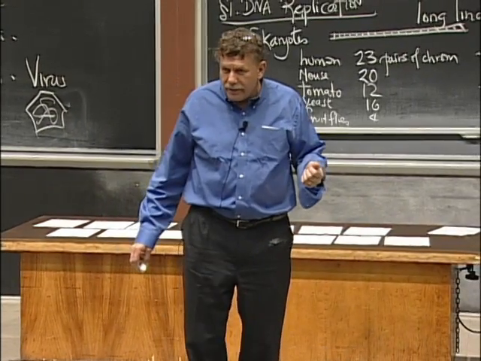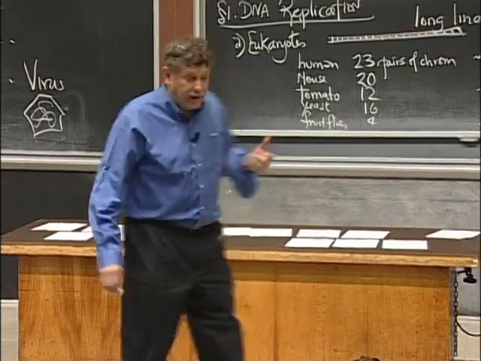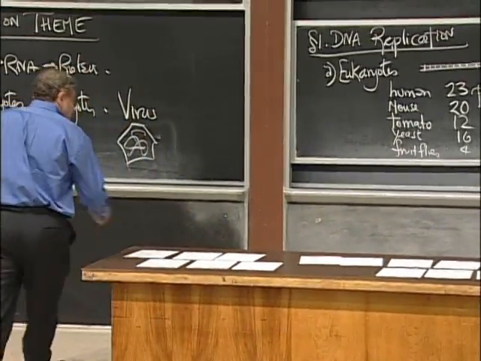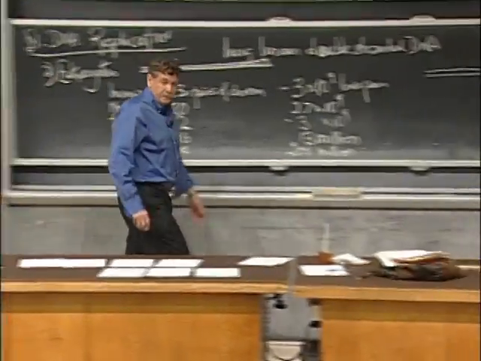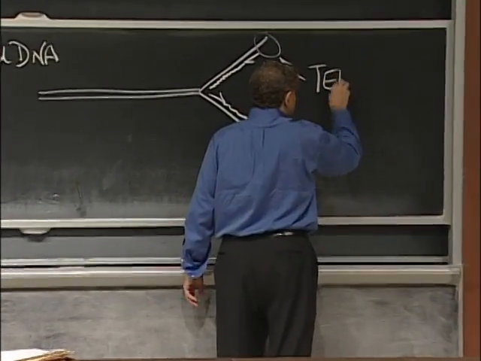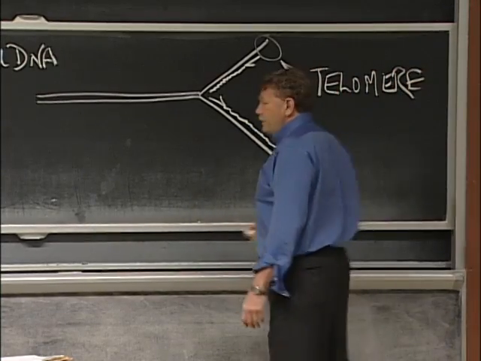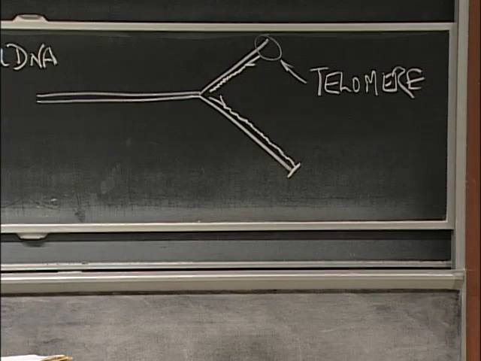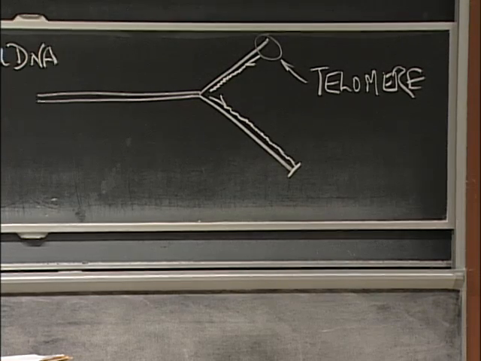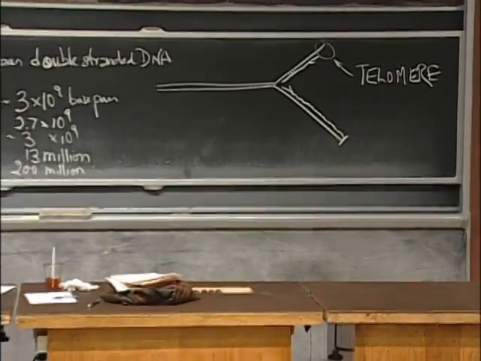That's not so good. The word for end is tel, T-E-L, and so the ends of chromosomes are called telomeres. And if you have a linear chromosome, you have a problem with replicating your telomeres because it's going to get a little short each cell division. So what do you think the cell does?